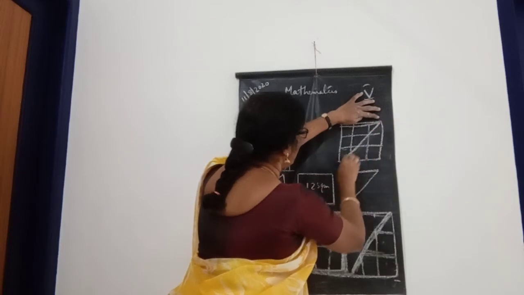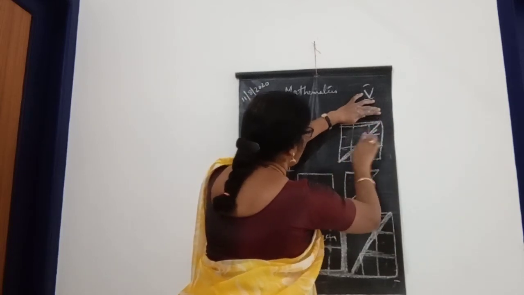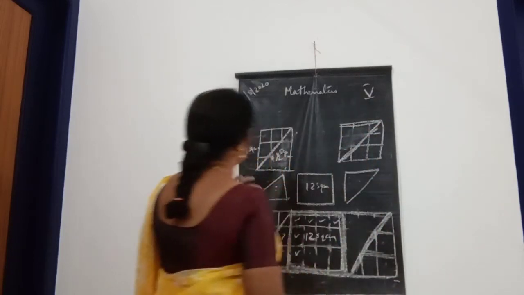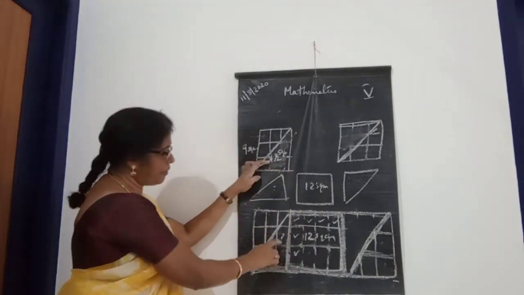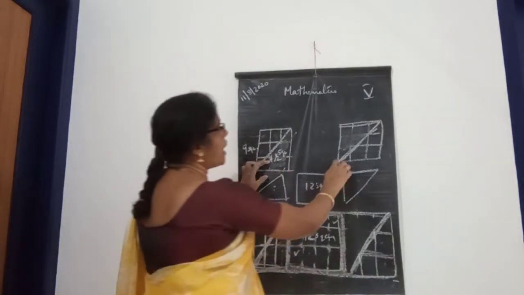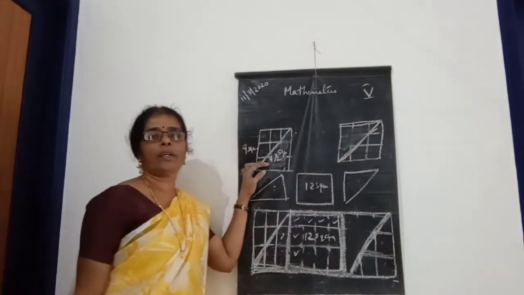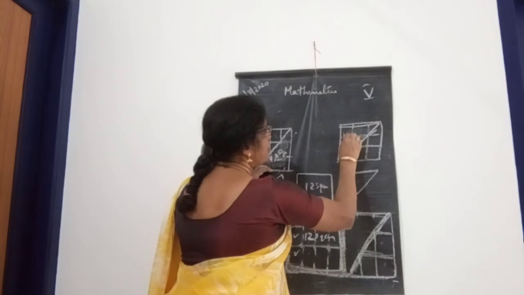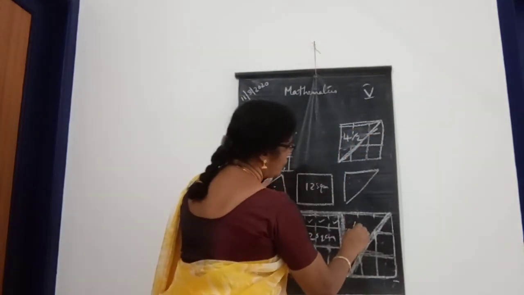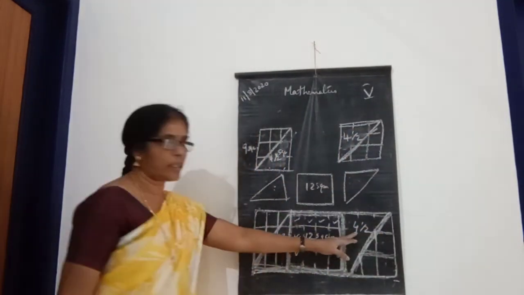This one is the half of the portion. So this one is 4.5 square centimeter, and half of this square means this one also 3 into 3, 9 square centimeter, and half of that square means here 4.5. So this one is the 4.5 square centimeter.